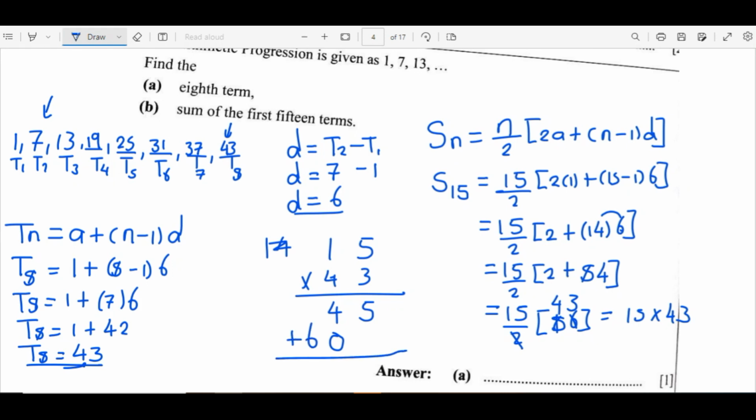Then we do the addition. So my final answer is equal to 645. So this is what I wanted us to share for this.